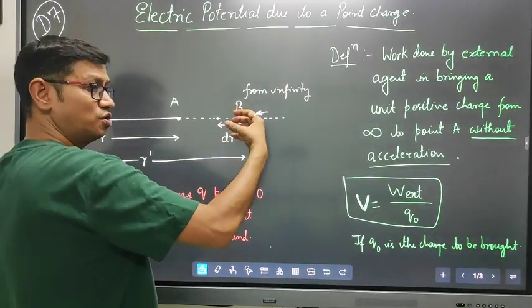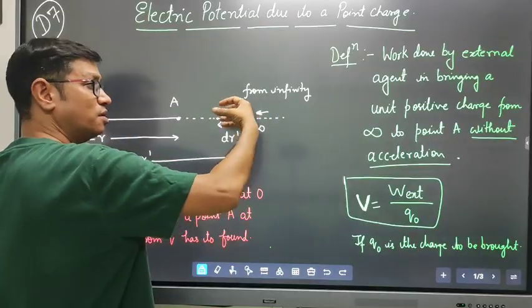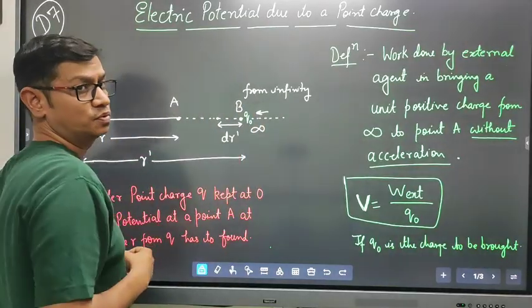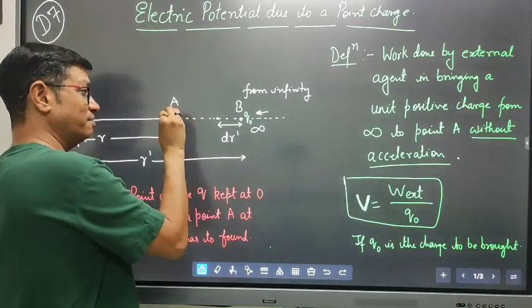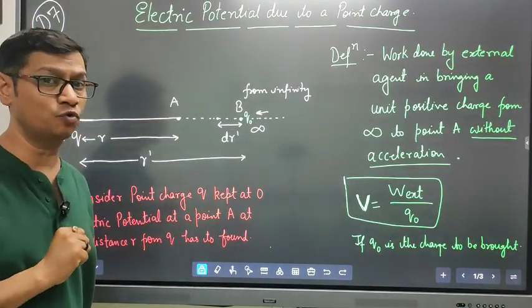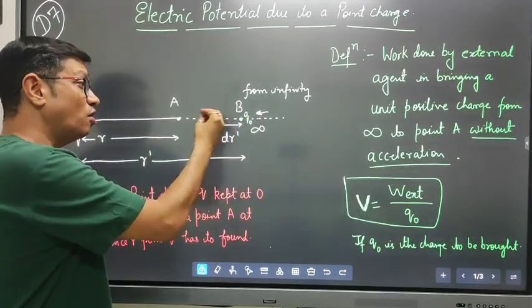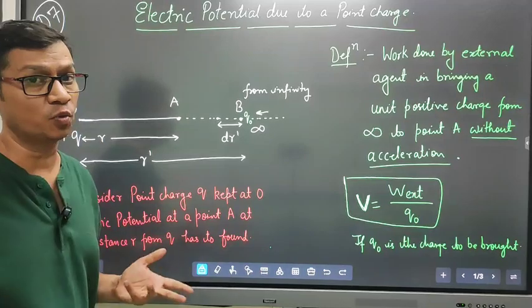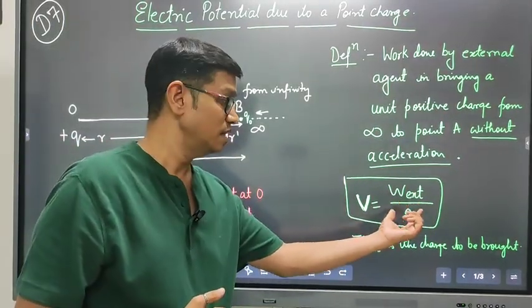So you'll have to forcefully push this Q naught closer and closer to charge Q, and then get to a point A. That means you have to apply a force. If you are applying a force and you are moving an object, that means you are doing work. So that is the work we are talking about.